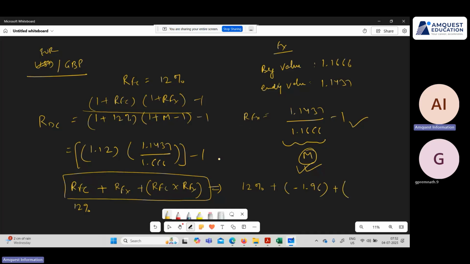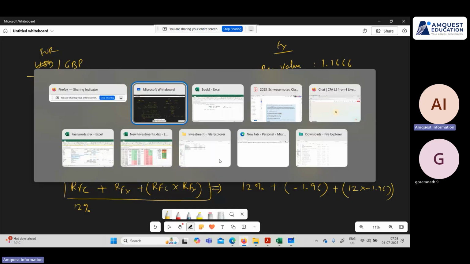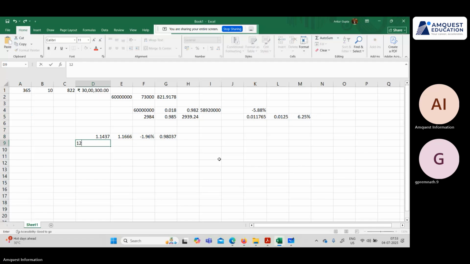Plus this is 12%, and then this is minus 1.96, and this is going to be a multiplication of these two.